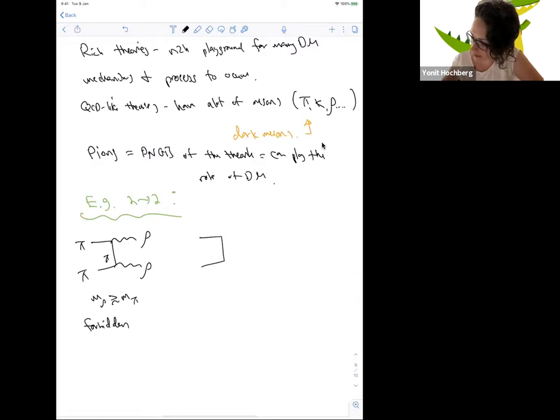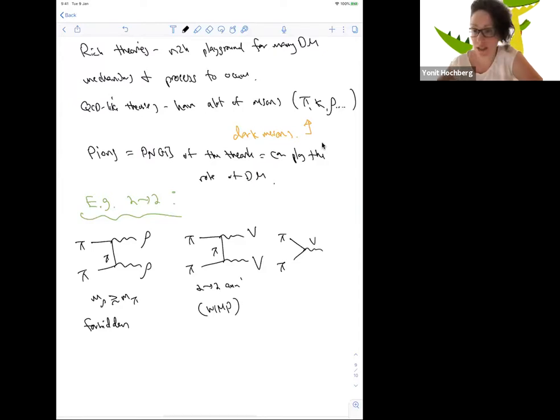We could also have something similar where, if I have charged pions, they're going to go to this dark photon. So this would give me just ordinary 2-to-2 annihilations, which is what we call the ordinary WIMP process. We could also have pions going through an s-channel to this dark photon, which then mixes with the ordinary photon, which goes to ordinary standard model stuff.